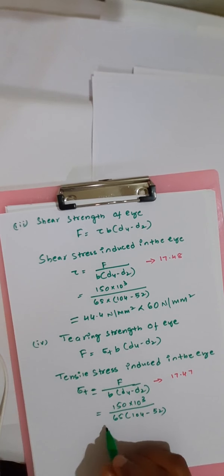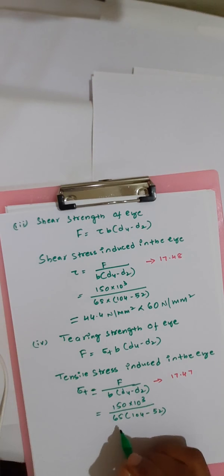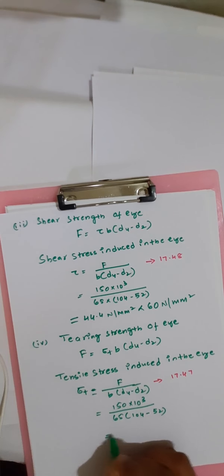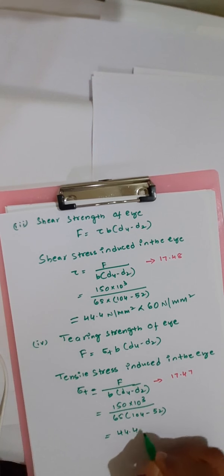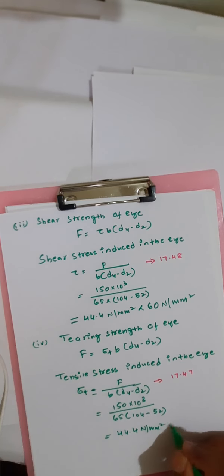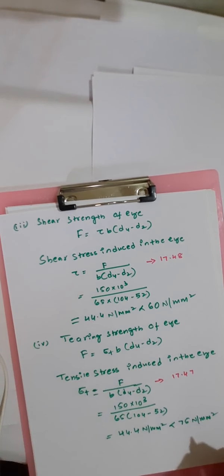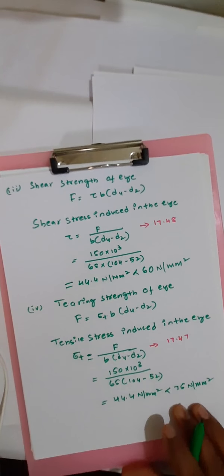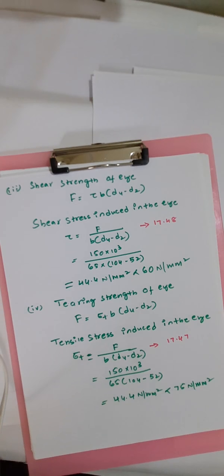If we simplify this, we get 44.4 Newton per mm square, which is less than 75 Newton per mm square, which is given in the problem. Then the design is safe.